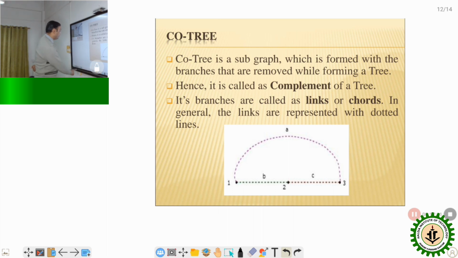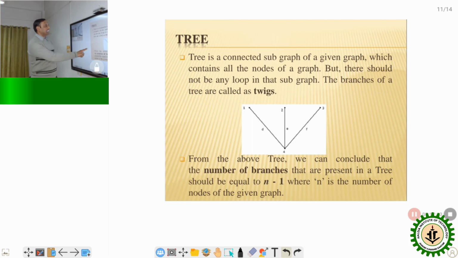So in that previous slide, what we can see here is that we remove the branches in between node 1 and node 2, in between node 2 and node 3, and in between node 1 and node 3. So those 3 branches we are removing here to design a tree.